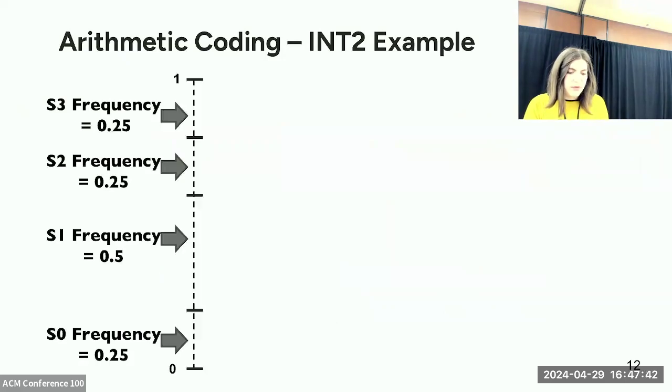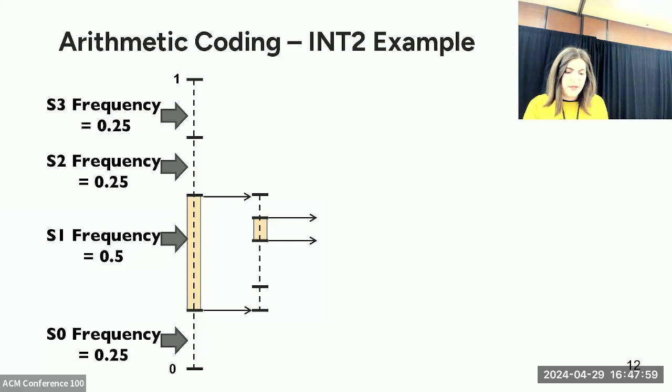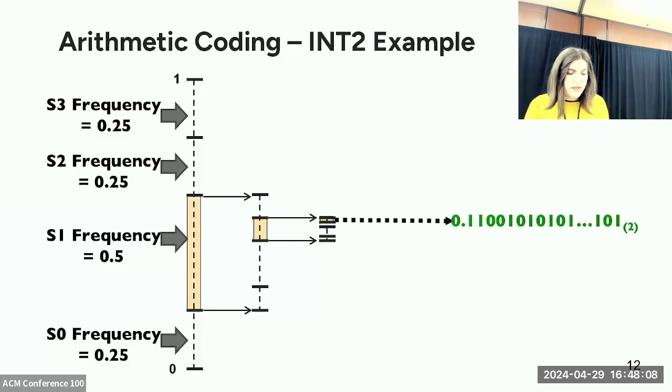Then, based on these probabilities, each symbol is assigned a corresponding range on the number line between 0 and 1. The encoding process is then done sequentially by choosing a symbol and dividing each range into new subranges. Each symbol in the sequence progressively narrows down the corresponding range, and this continues for all tensor values until we reach a final range that represents the entire sequence of symbols.